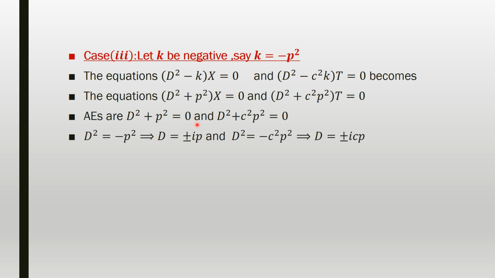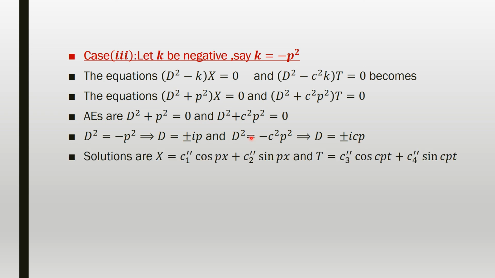That is D square equal to minus p square, that means D equal to plus or minus ip, where i is imaginary, and from the second one we get D square equal to minus c square p square, that means D is equal to plus or minus icp.